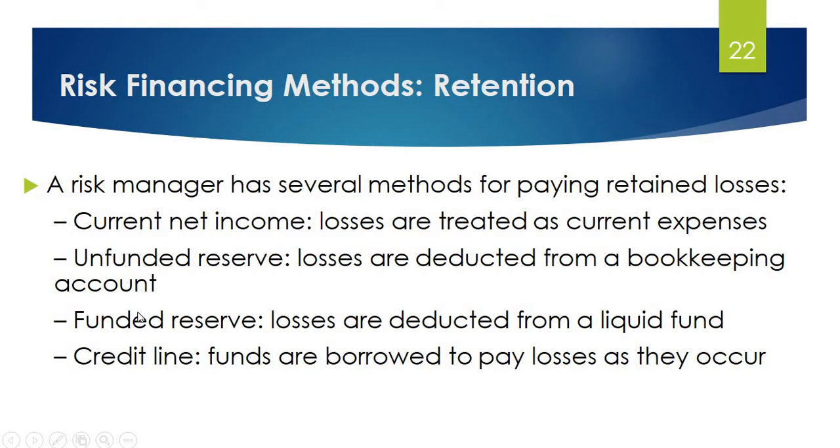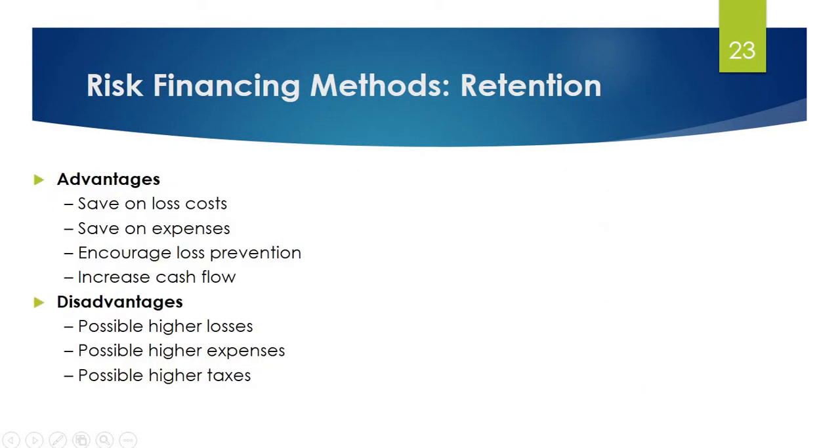A firm can also deduct losses from funded reserves, that means from a liquid fund. And finally, a firm can also use the credit line, that means the firm can borrow money to pay losses when they occur.